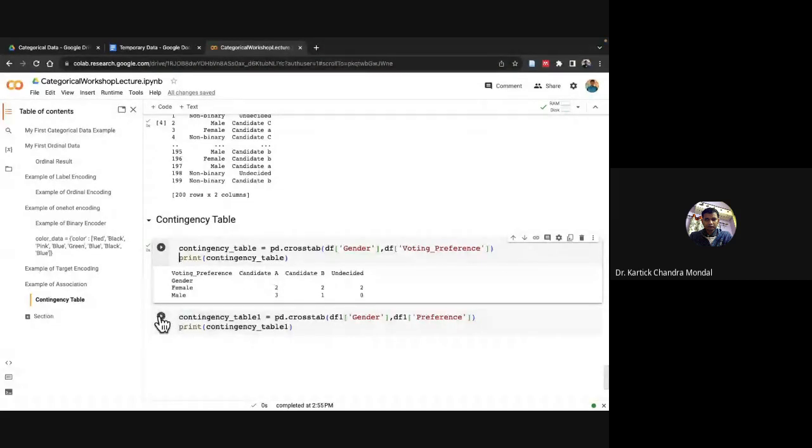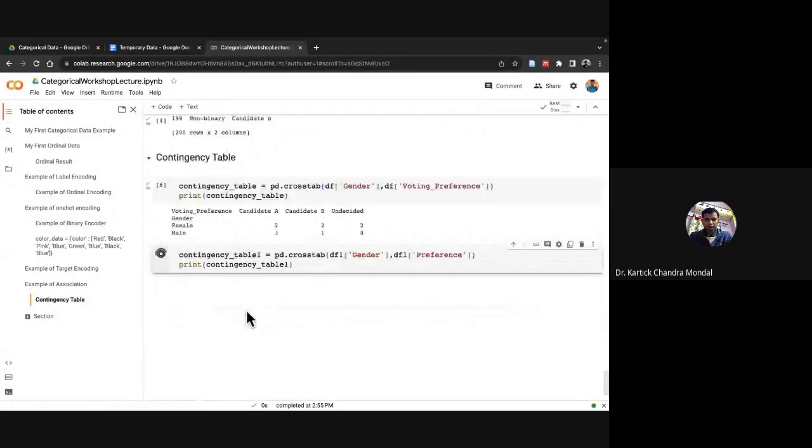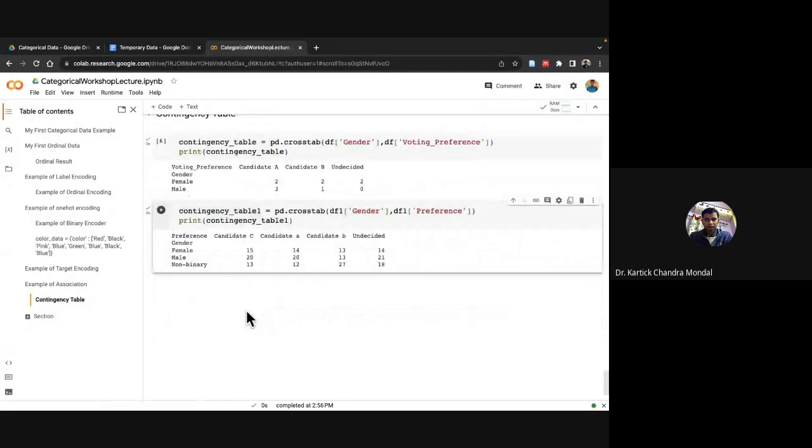Now, if you go with a bigger one, see in this case, we have 3 values for gender: male, female, and non-binary. If you look at this, the non-binary voters chose candidate B in a greater way.